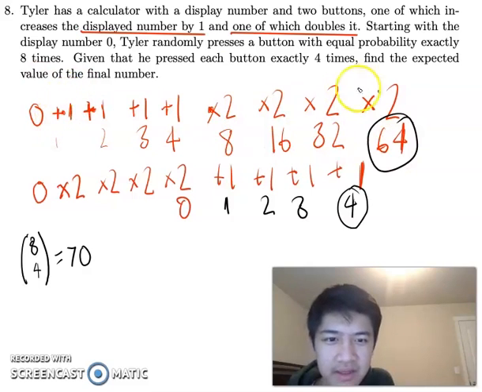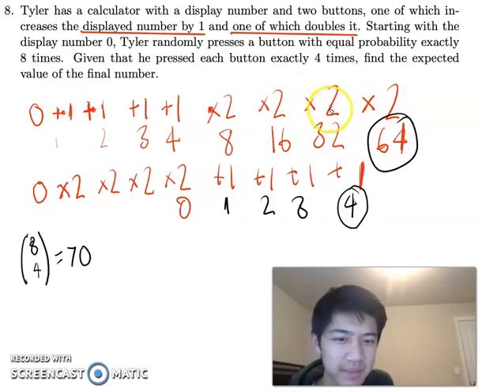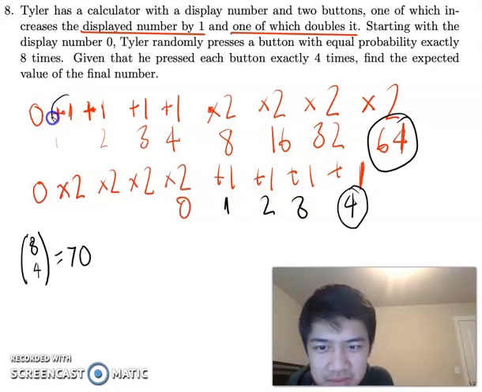How can we comprehend this plus 1, plus 1, plus 1, plus 1, times 2, times 2, times 2, times 2 in a better way? Why is doing all the pluses first and then all the doubles later better than doing all the doubles first and all the pluses later? You usually want to put the plus first. What happens to this plus 1 right here?